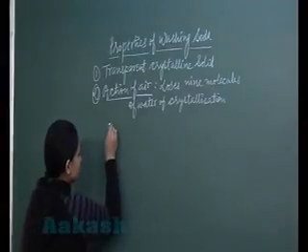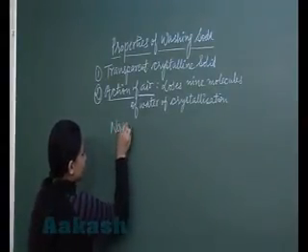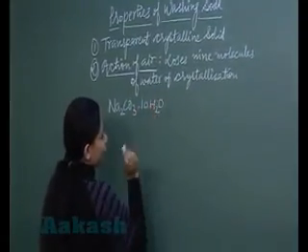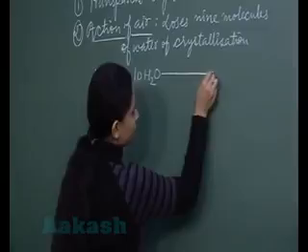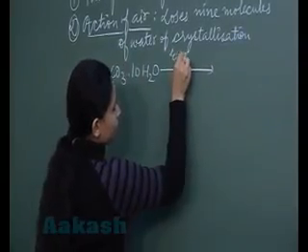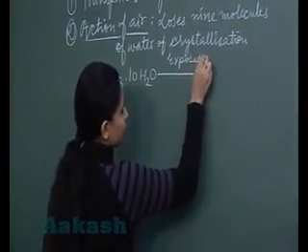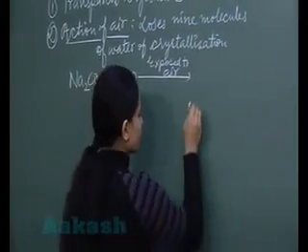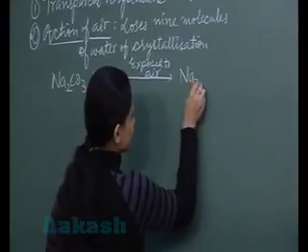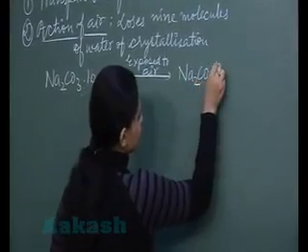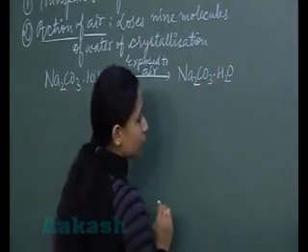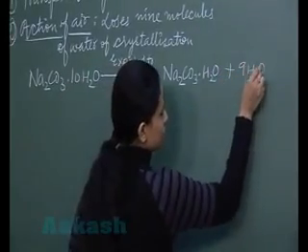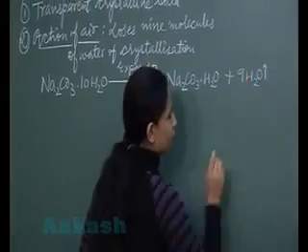So what actually happens? We have washing soda with formula Na2CO3 dot 10 water molecules, and when this is exposed to air, it loses 9 molecules of water of crystallization. So what are we left with? Na2CO3 dot 1 molecule of water of crystallization, and it loses 9 molecules of water of crystallization in the form of water vapor.